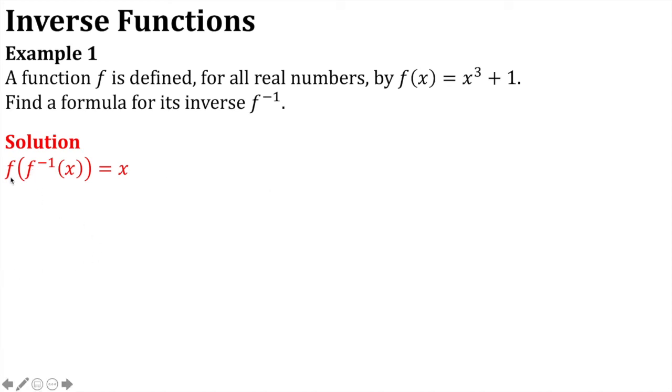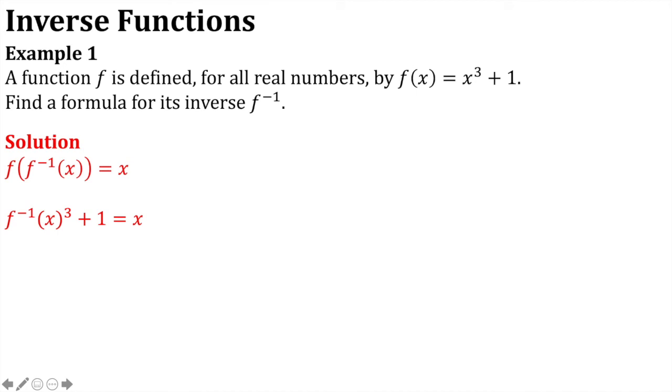So everywhere there is an x in f of x, and there's only one x here, we are going to replace it with the inverse of f of x. So we have the inverse of f of x all cubed plus 1 equals x.